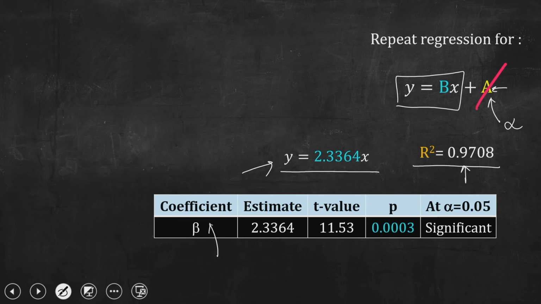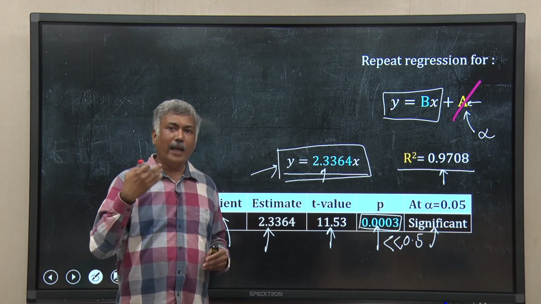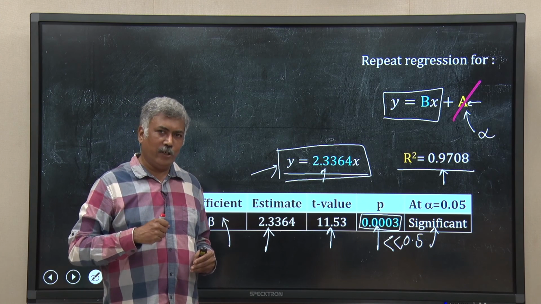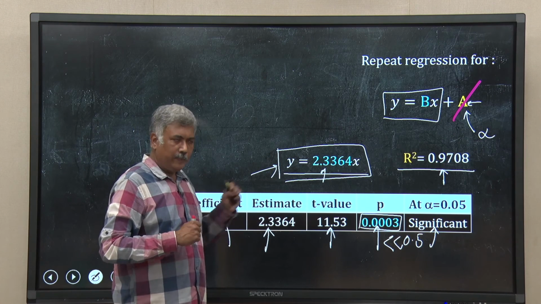Now, beta is 2.3364, that is what is written here, its t value it has calculated, and the probability of getting that t value or bigger is 0.0003, and obviously this is much less than my level of significance 0.05. So, beta is significant. So, this model is a better model than the initial model that we were handling till now, starting with the first lecture on regression. So, I will say this is the correct model.